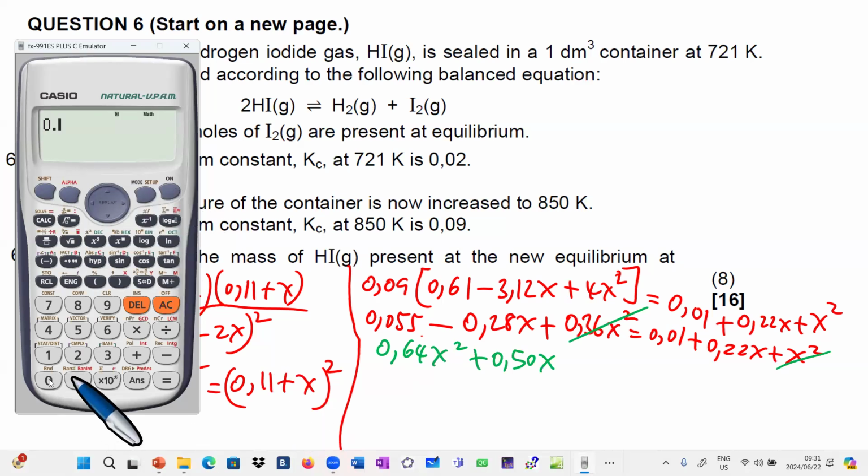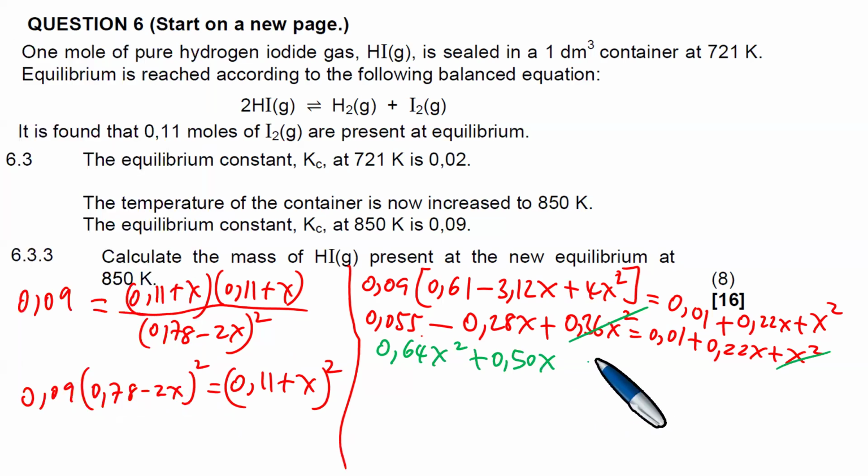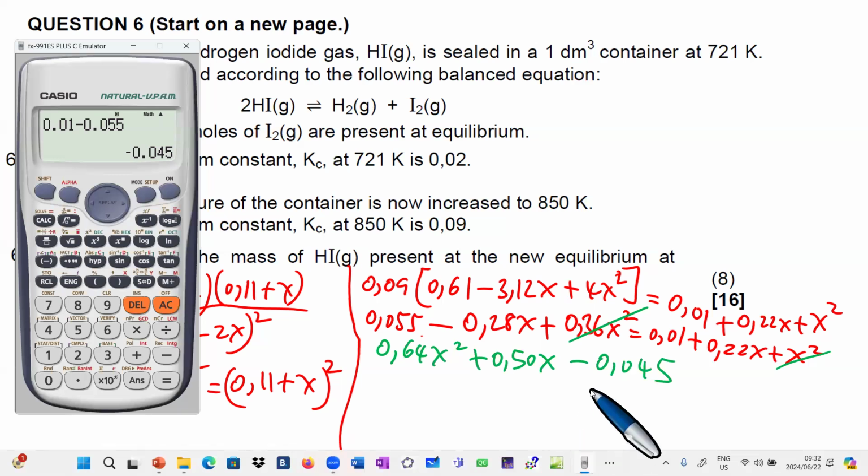So we have 0,64x squared plus 0,50x minus 0,045, and this equals 0.